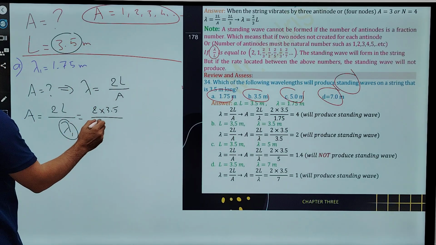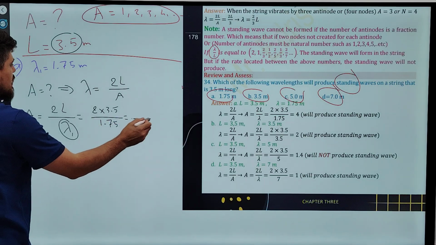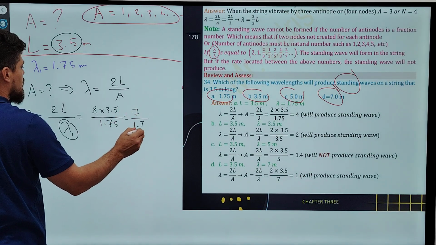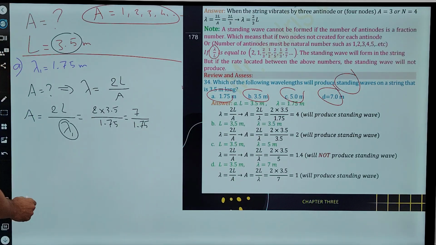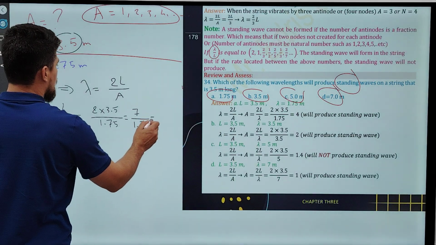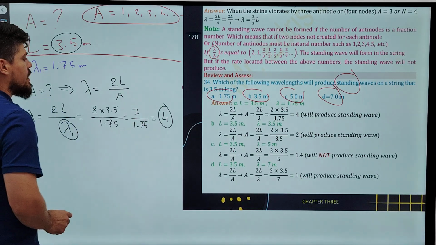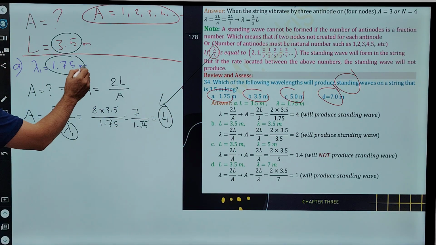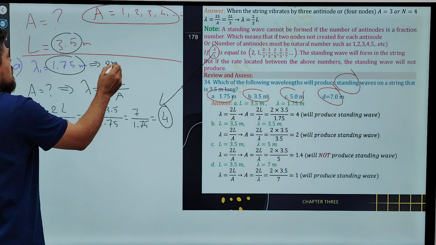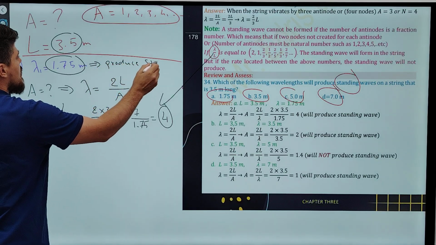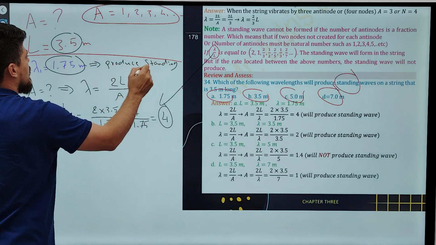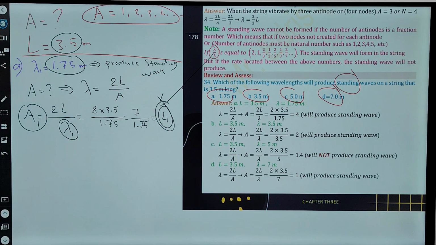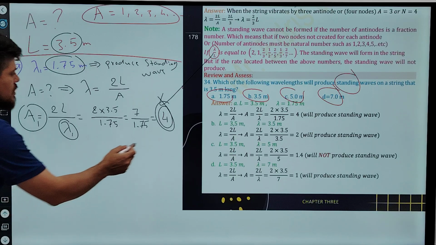Yes, wavelength number 1, 1.75. 2 times 3.5 is equal to 7. 7 divided by 1.75 is equal to 4. Is this 4 an integer number? Yes. So, can we say this wavelength produces a standing wave? Yes, of course. Why? Because A is an integer number.